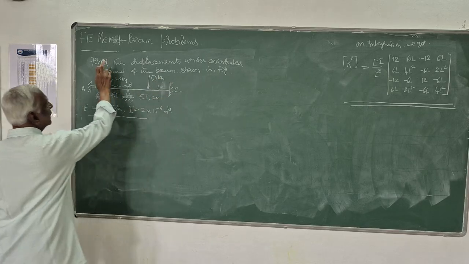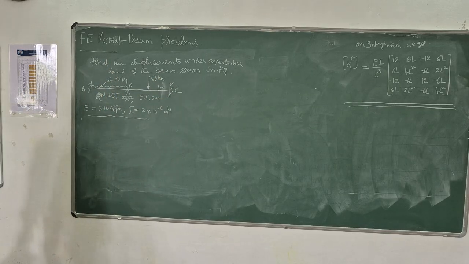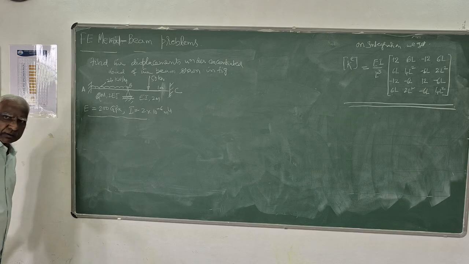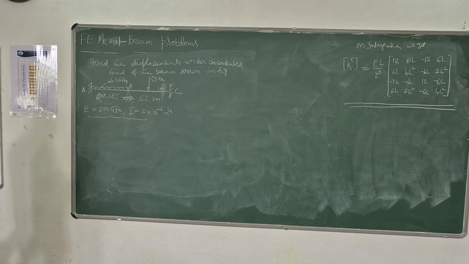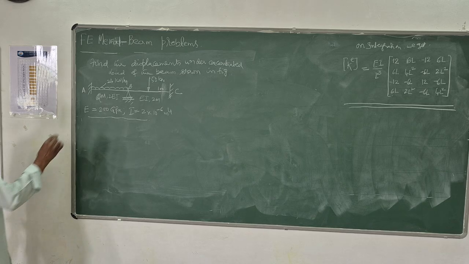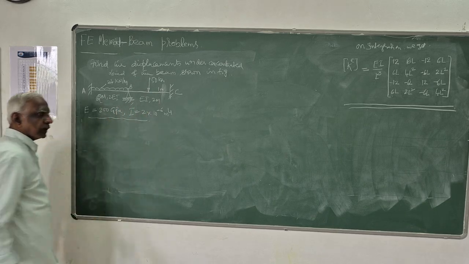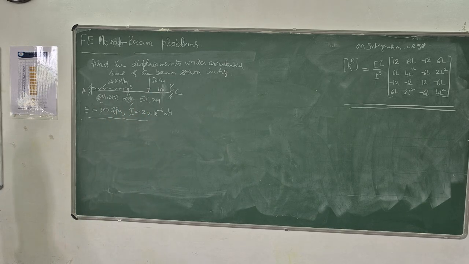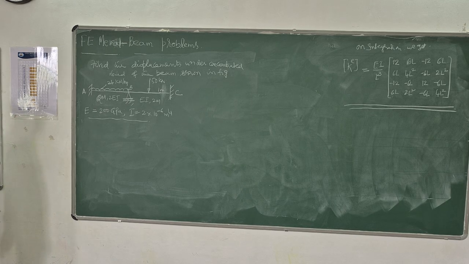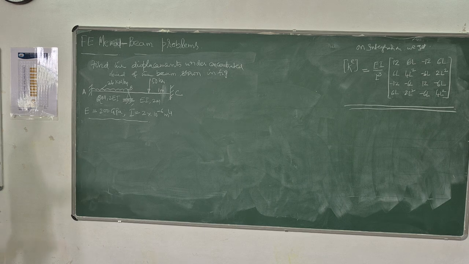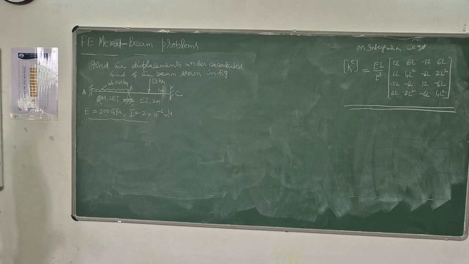You have to find the displacements. That is, the displacements are vertical deflection as well as slope, V and theta, you have to determine under this particular concentrated load point. I told you the advantage of why you have selected this problem: in the beginning I told the advantages of finite element method.